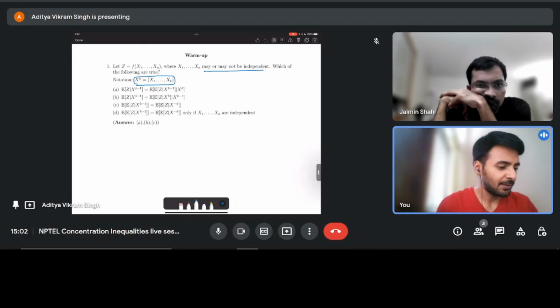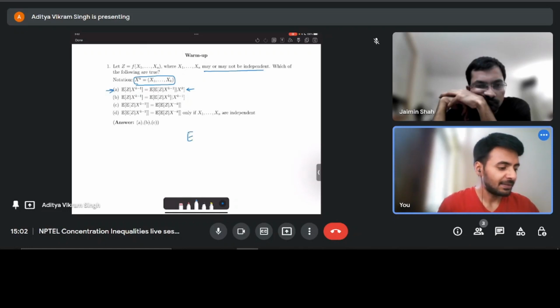These are just a few properties. For instance, consider option A. This is expectation of z given the first k minus 1 variables, and on the right we have expectation of z given, right, that kind of thing.